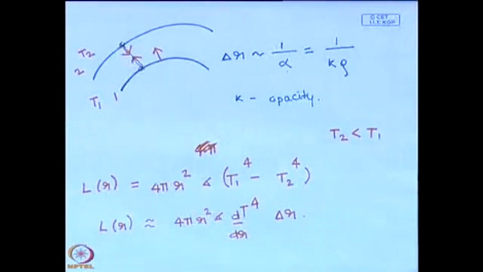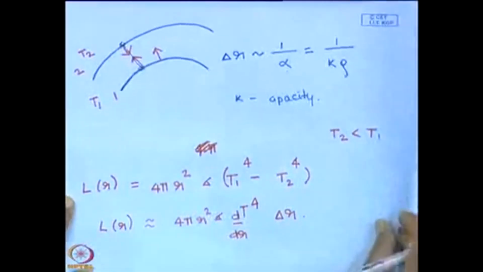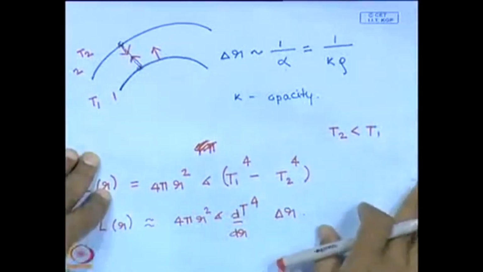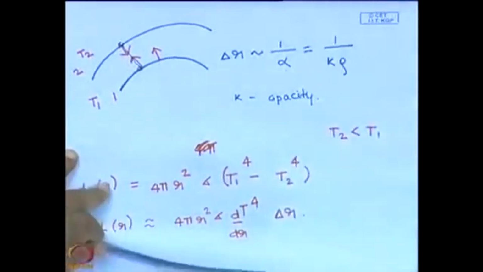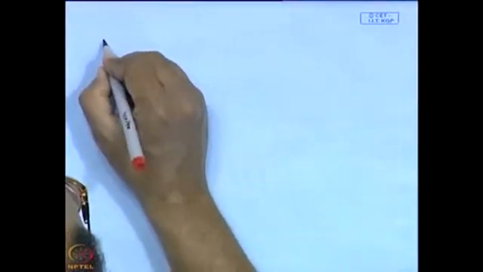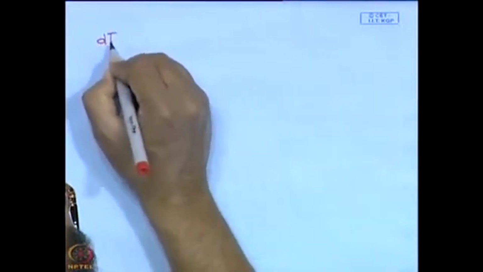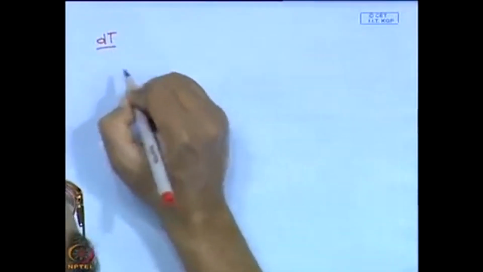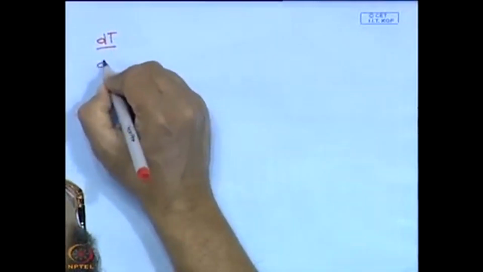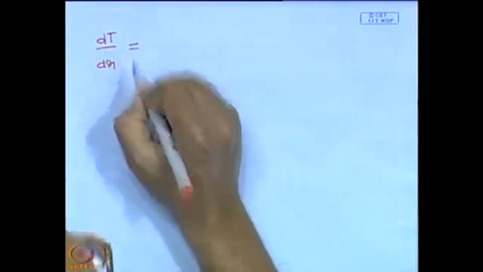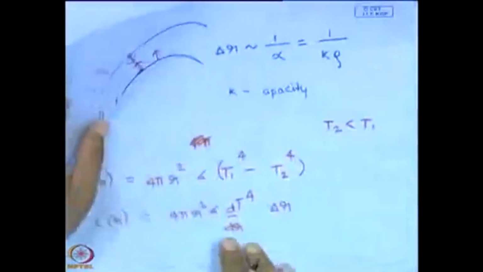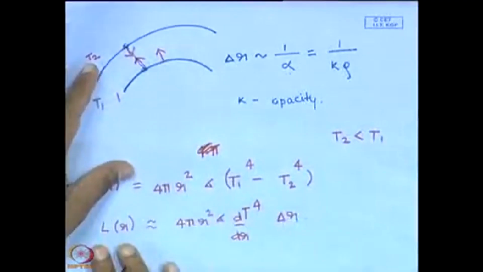Okay. And we can invert this relation. So, let me invert this relation to get the temperature gradient inside the star. So, the temperature gradient inside the star is equal to, so what we are doing is we are differentiating this and then taking all the factors onto that side.